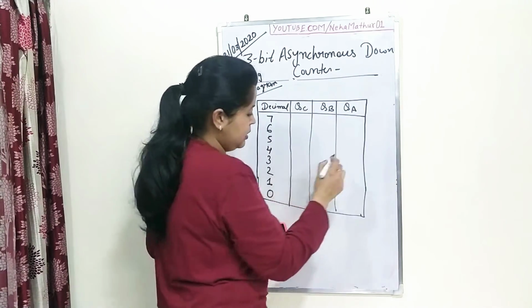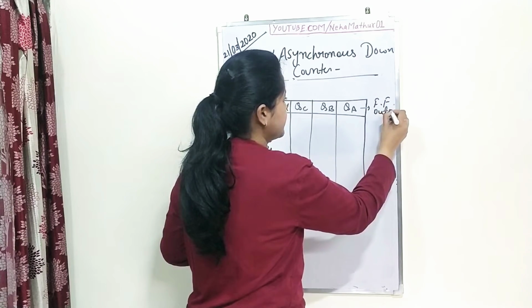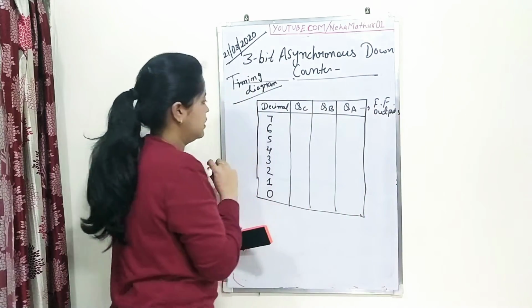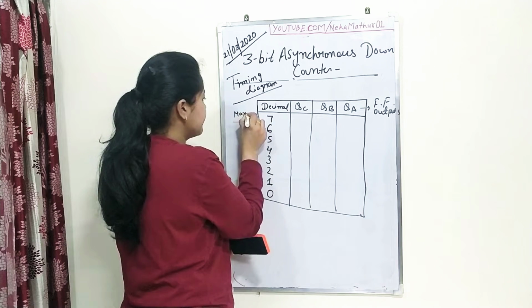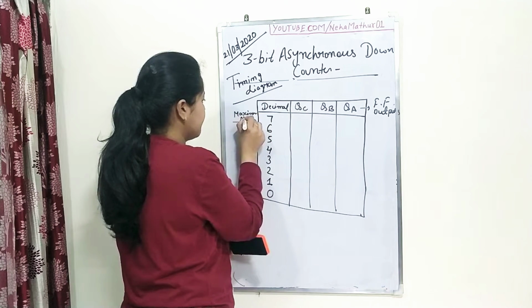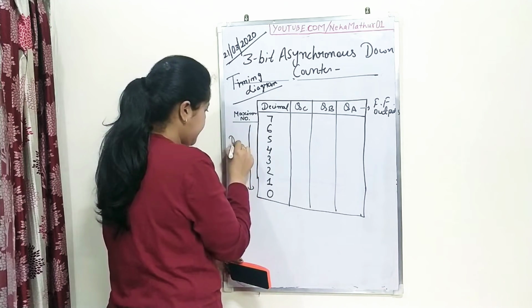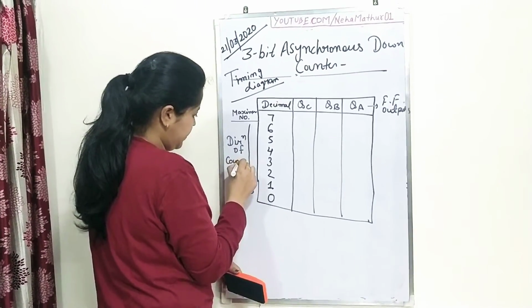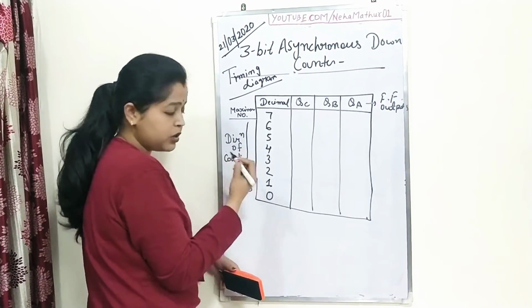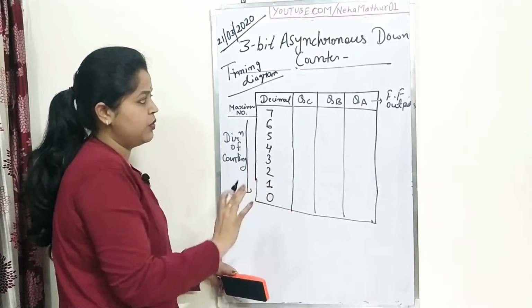These are your flip-flop outputs. Now 7 is your maximum number and this is the direction of counting. Since this is a down counter, this is your direction: 7, 6, 5, 4, 3, 2, 1.